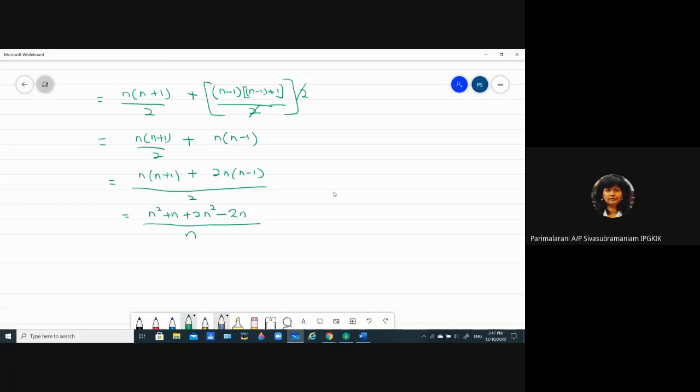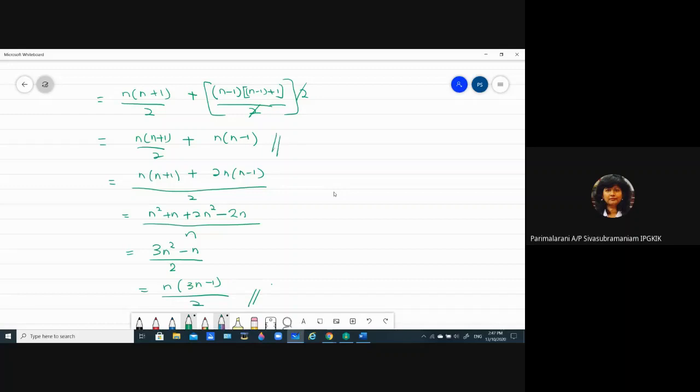So n squared plus 2n squared is 3n squared. n minus 2n is minus n, over 2. So this we can rewrite as n into 3n minus 1 over 2. So this is our formula.